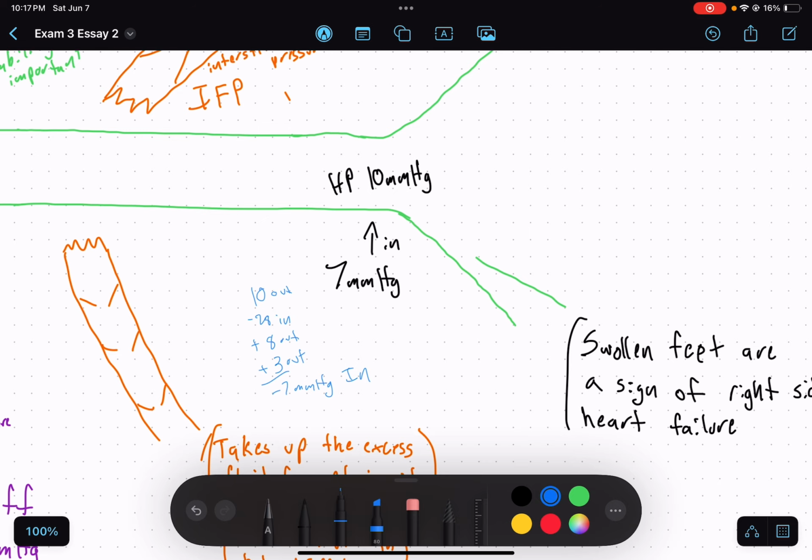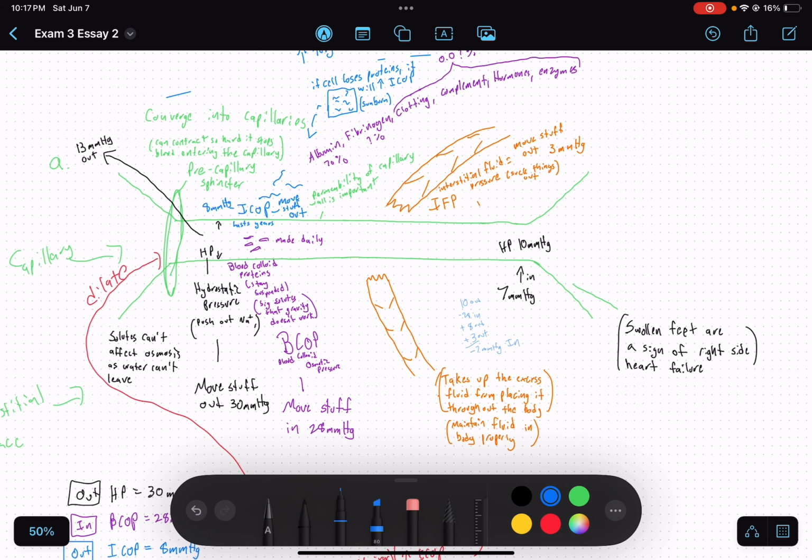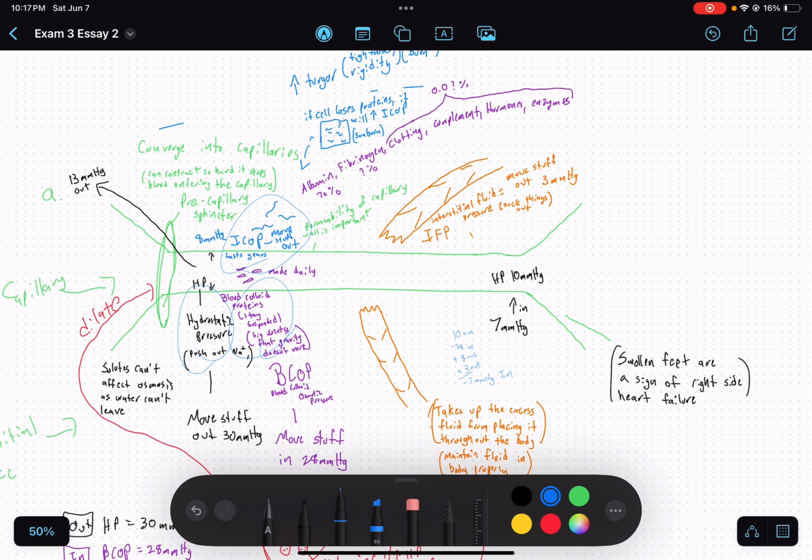And I just made that minus because it was in. So with that, that's how each of these are working: our hydrostatic pressure, our blood colloid, our interstitial colloid osmotic pressure, and our interstitial fluid pressure, IFP.